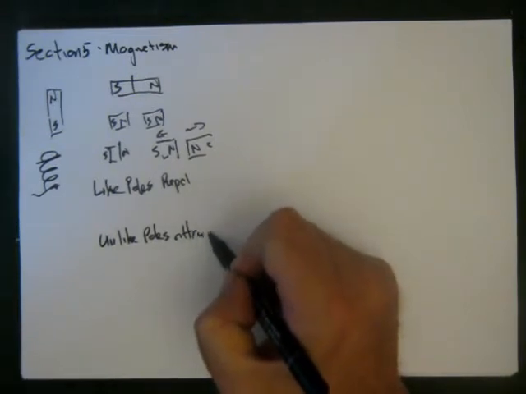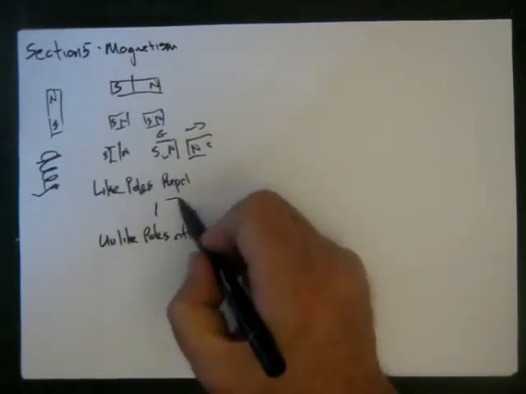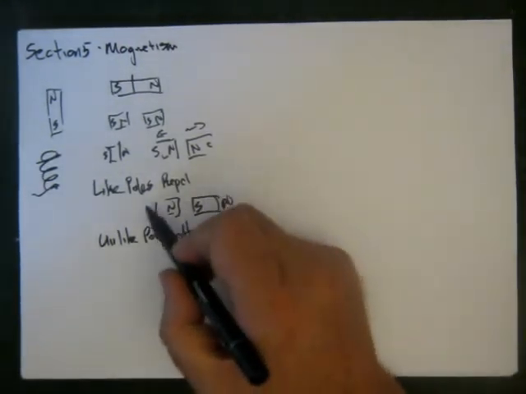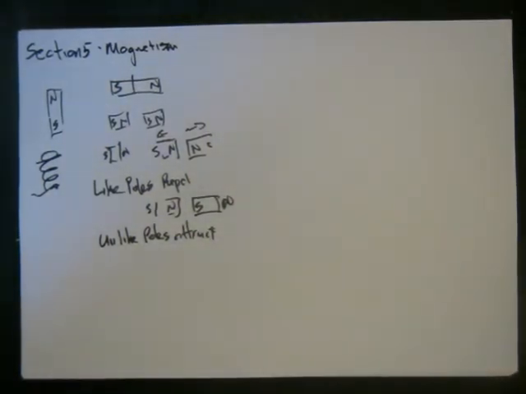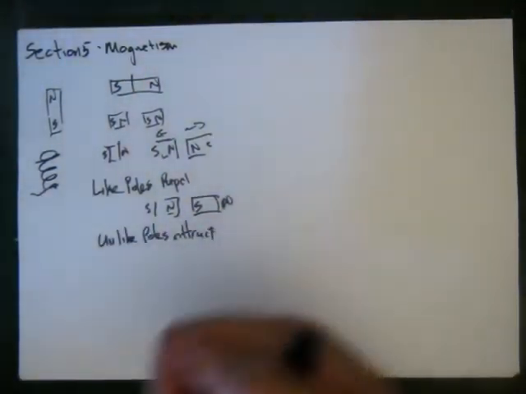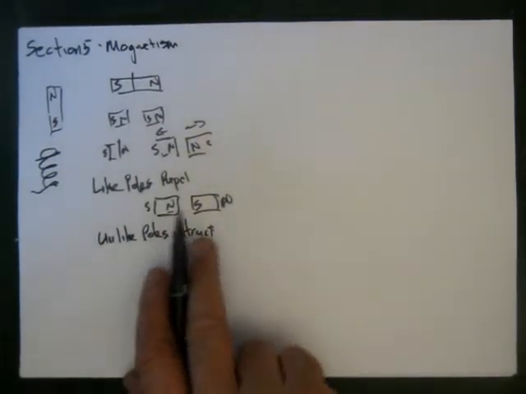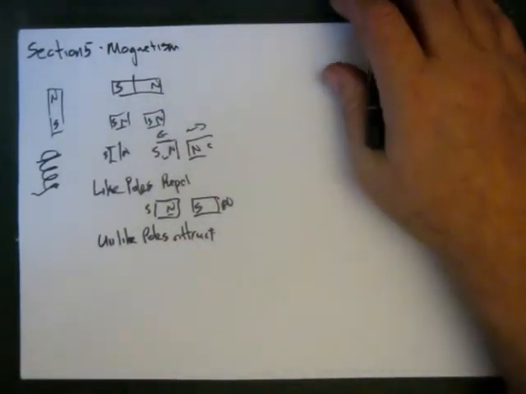So if you have a magnet north-south and another north-south, they will actually pull together, and in the end they'll act as one big magnet with the north pole here and the south pole over there.